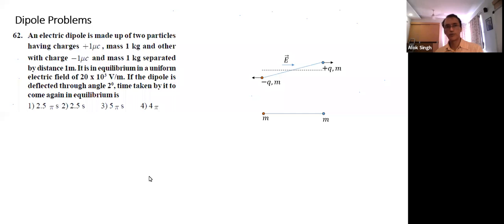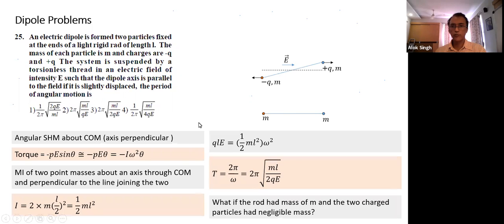We can go back and substitute. Is this arrangement identical to the previous one? Identical. So T is 2 pi root of ml by 2 QE.